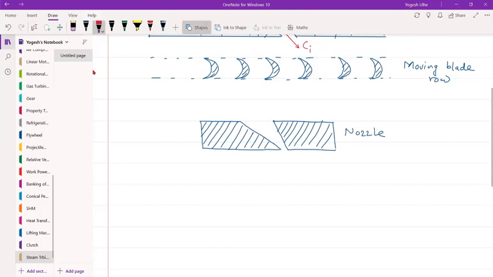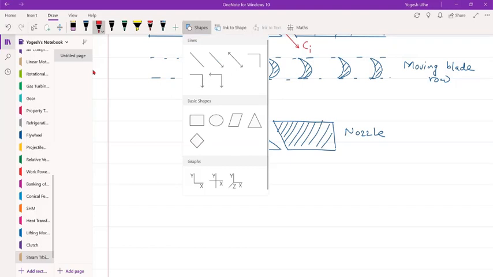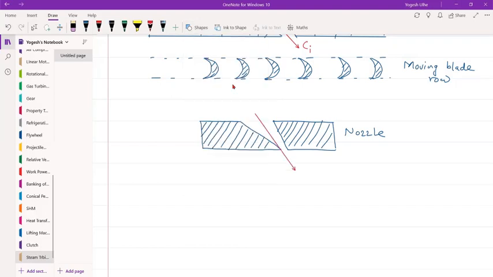See how the steam leaves the nozzle. Steam leaves the nozzle with a velocity Ci.